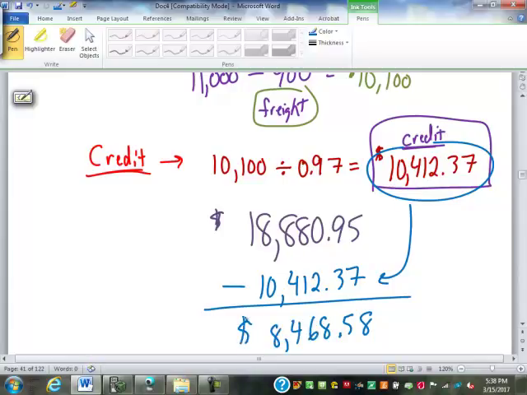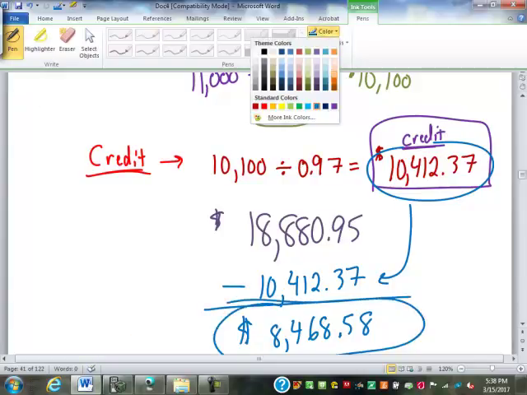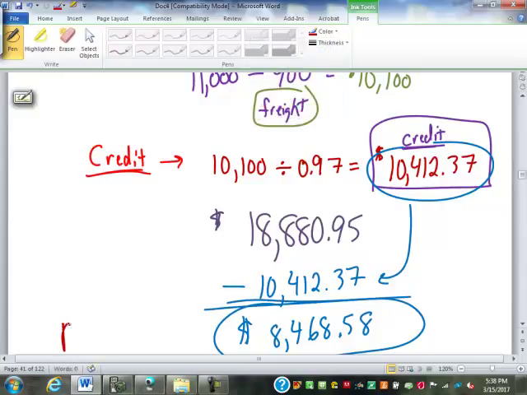So $8,468.58 is the balance due, or the outstanding balance.